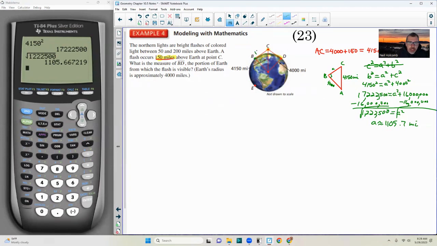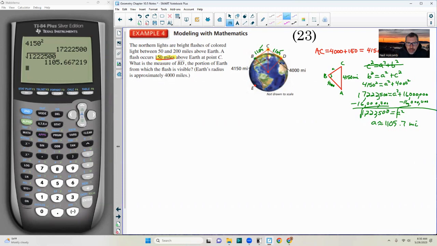So this is approximately 1105. I'll just put that for now. Okay, so that's start. So now I know the radius, I know this distance, and I know this distance, and this is also the same. And how do I know that? Well, CB and CD are tangents, so they're perpendicular to the radiuses, and AC is congruent to itself.